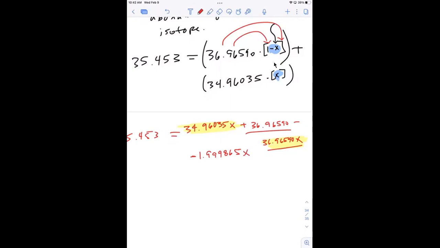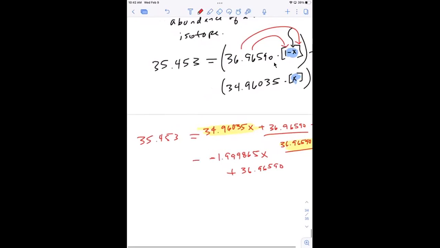And then this is going to be plus 36.96550, and we're going to set that equal to 35.453. Everybody okay so far?